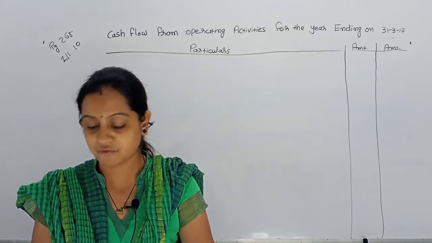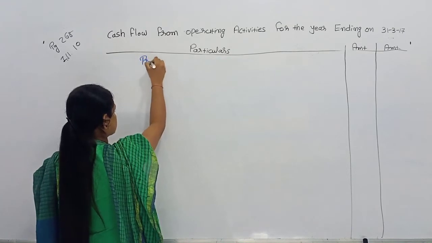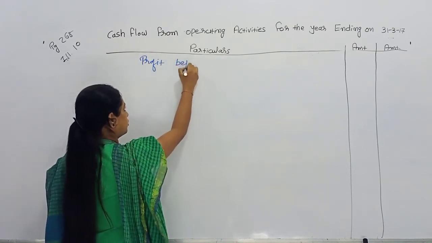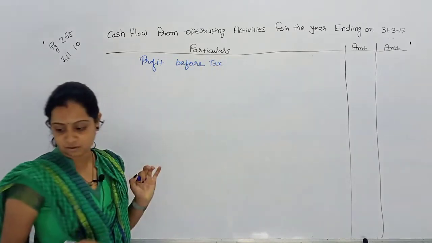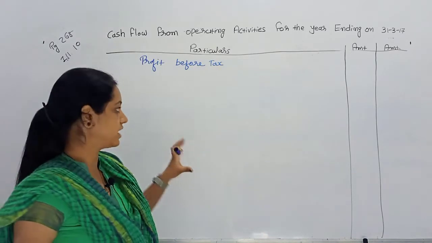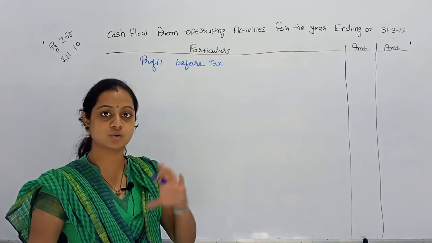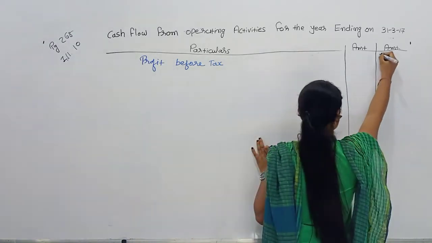See, profit before tax, that we have to write first. Format will be the same. We have to write only those things which we are covering in our format. Other things are just to confuse you. Okay, so that is 4,69,000.